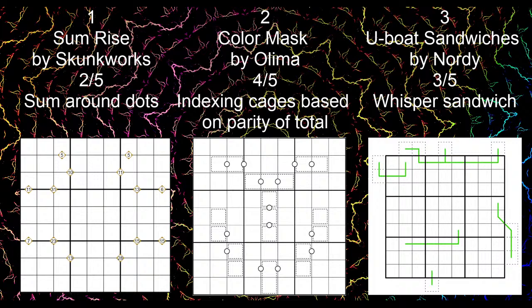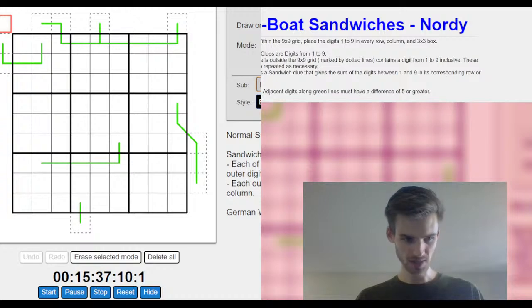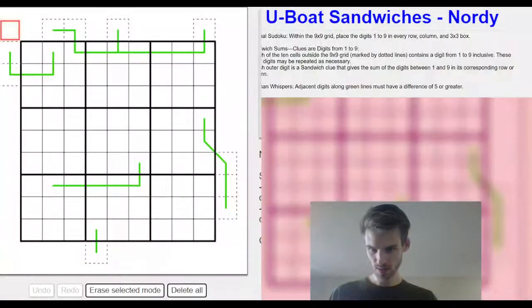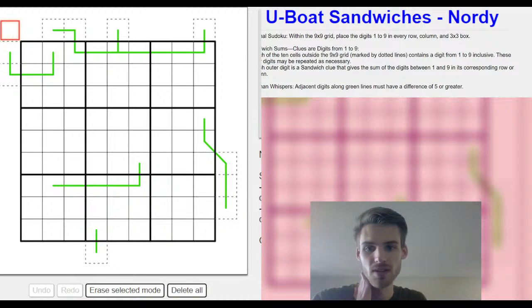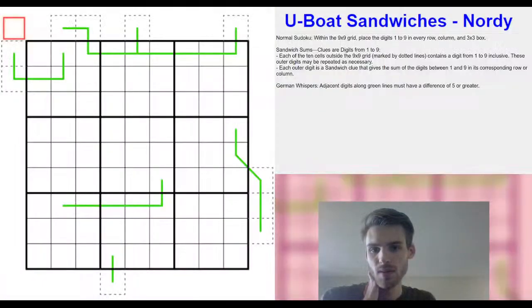Let me reorient the stream here. We're on, and there we go. Okay, it's not right. That doesn't look quite right either, does it? Is that good? Ahoy, mateys!